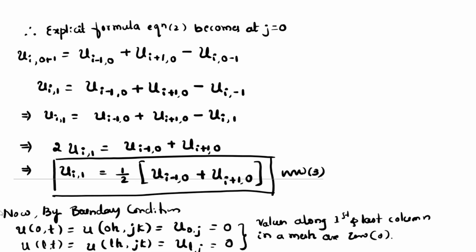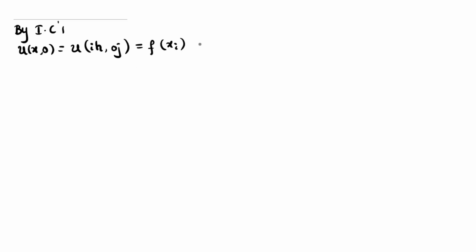Now we use the other condition, sorry, the initial condition, that is u(x, 0) is equal to f(x). So u(ih, 0) becomes f(x_i). What is f(ih)?